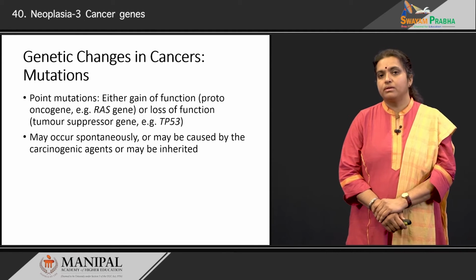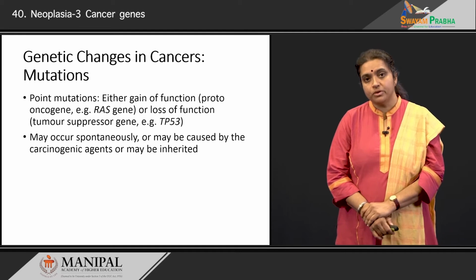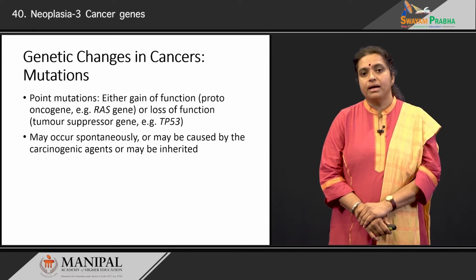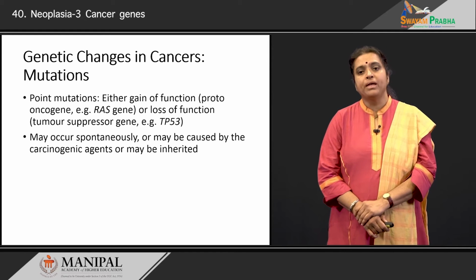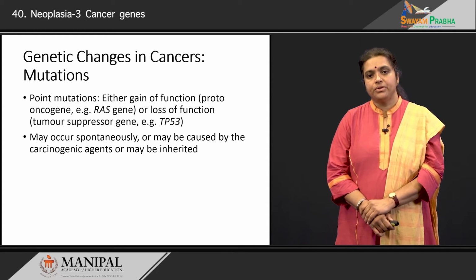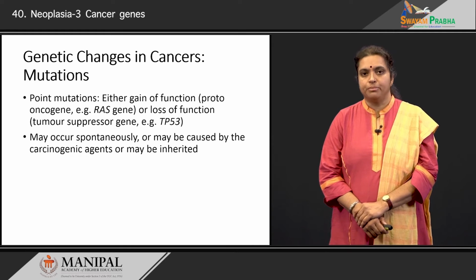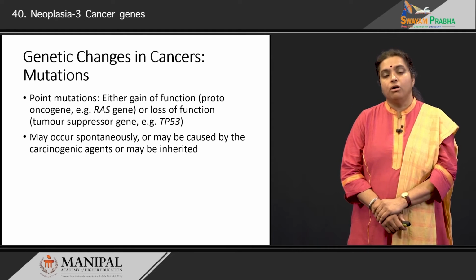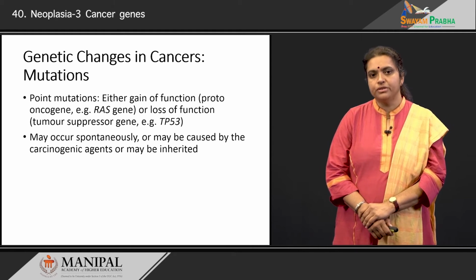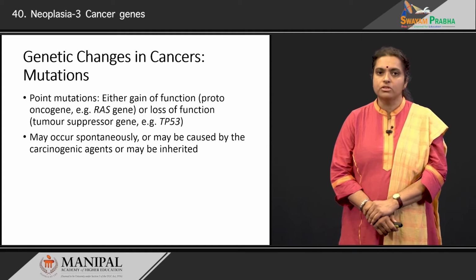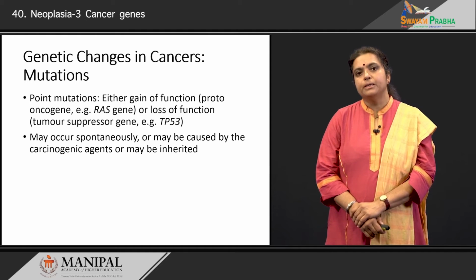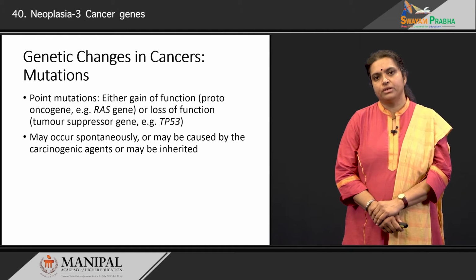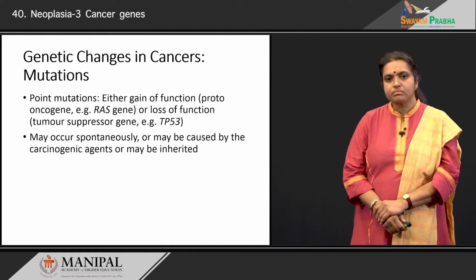In a subsequent lecture, I will be talking more about this RAS gene, which normally acts as a signal transducer, and when mutated it can become an oncogene. Or there may be loss of function of a tumor suppressor gene. The most common example is a mutation causing loss of function of the p53 gene.